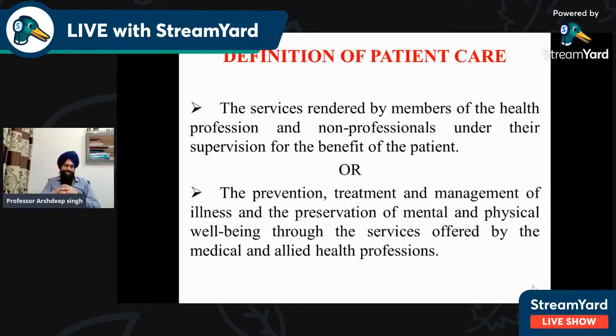So patient care is the different types of services that include preventive treatment and management services provided to the patient so as to lift up their health status in a positive way. In this, we also provide mental and physical well-being services that relate to the physical and mental dimensions of the patient. Okay, so that is about the definition of patient care.